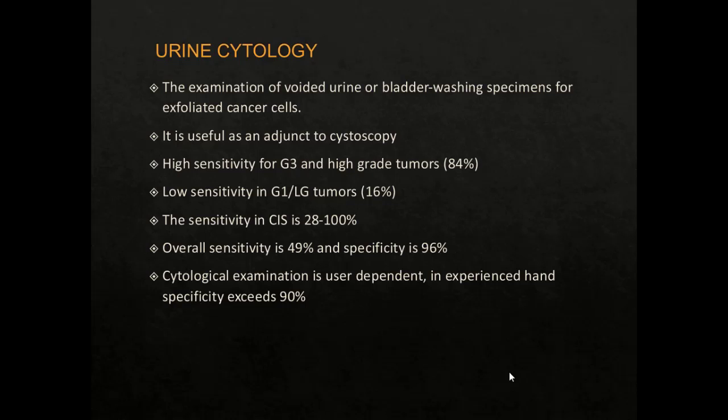If the cytopathologist is looking for any abnormal cells, then it has very low sensitivity. If he is looking specifically for the tumor cells and ignoring the other abnormal cells, then its sensitivity could reach about 100%. Overall sensitivity is 49% and specificity is 96%.